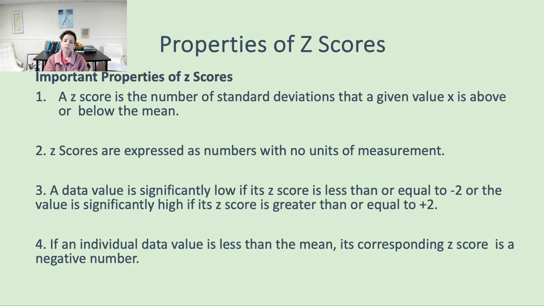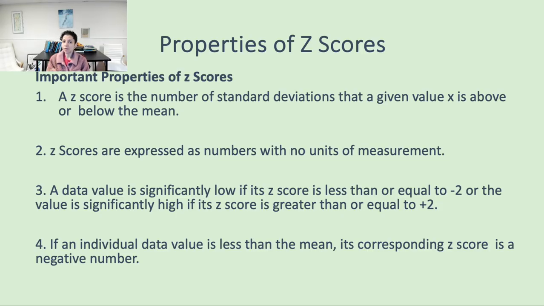So there are some important properties of z-scores. A z-score is the number of standard deviations that a given value x is above or below the mean. The z-scores are expressed as numbers with no units. And a data value is considered significantly low if its z-score is less than or equal to -2, or significantly high if the z-score is greater than or equal to 2.